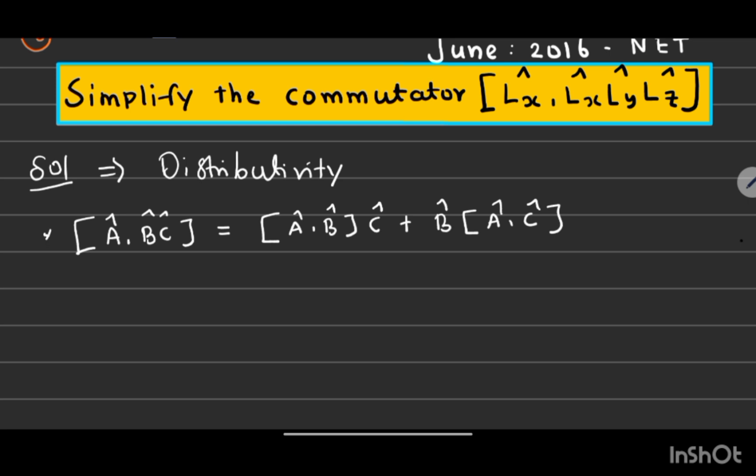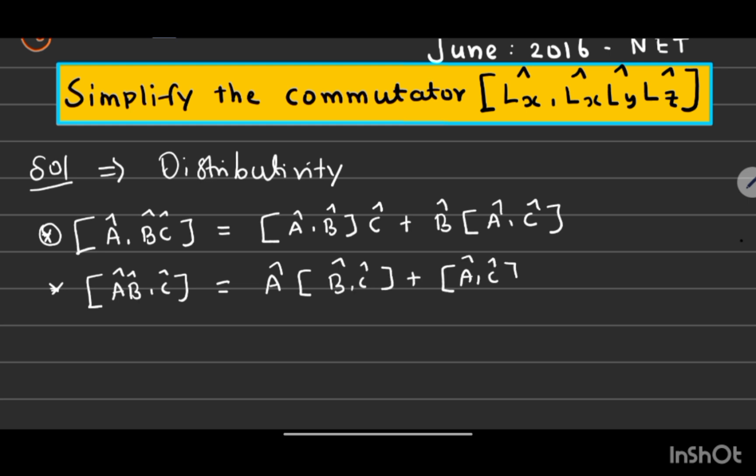This is one. The same thing you have to apply when you have a product of two operators at first and then the third operator: you can write [ab, c] as a [b, c] plus [a, c] b.